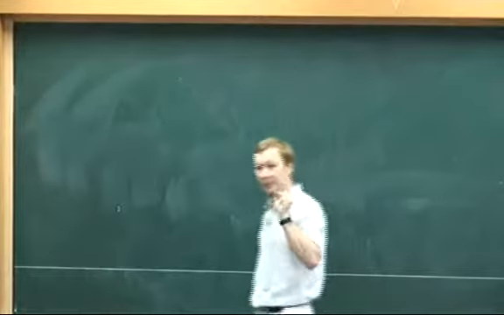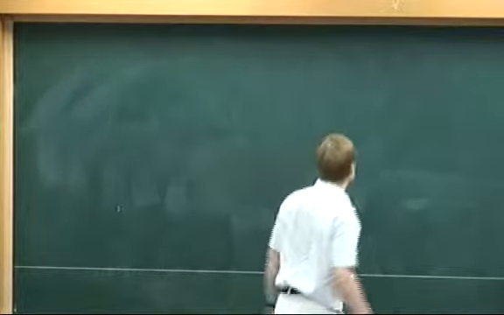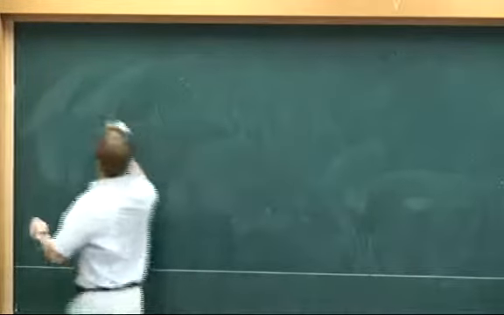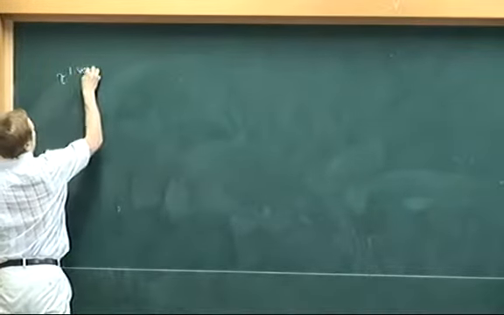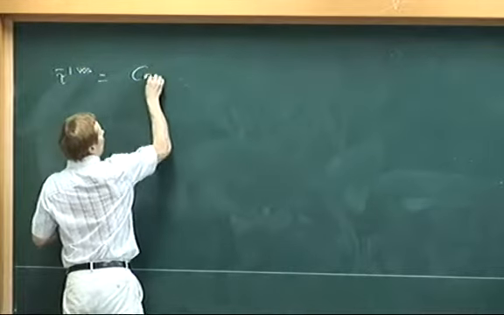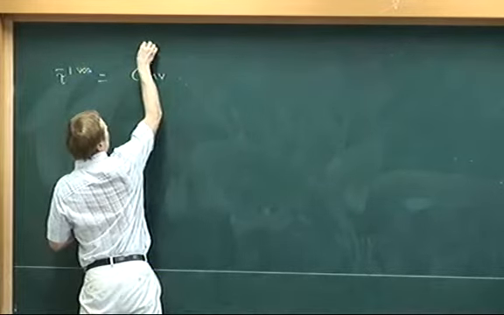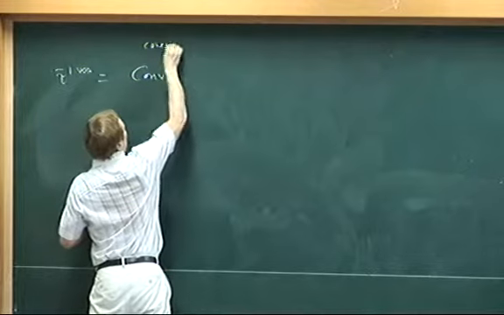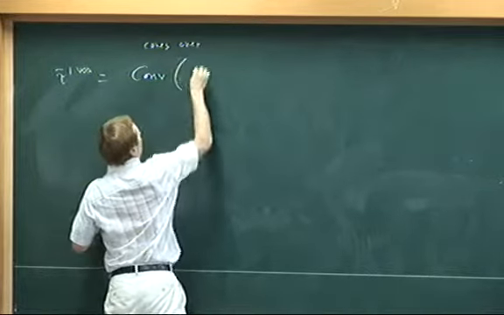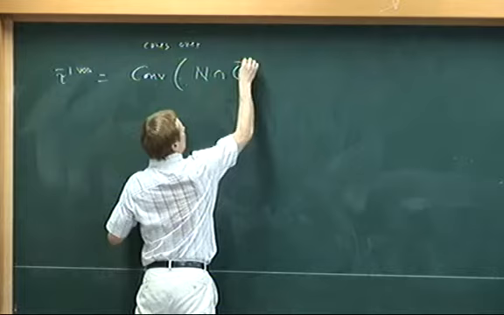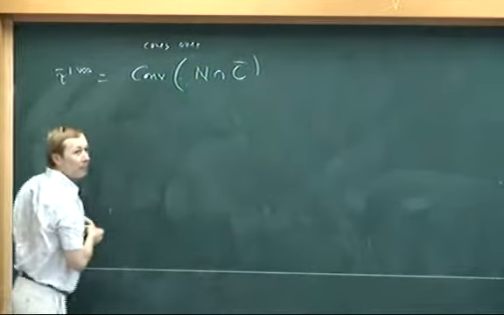Okay, so first of all, this first Voronoi, the way I defined it, did not have much geometry. The definition was that this first Voronoi fan is the cones over the convex hull of n intersects C bar.